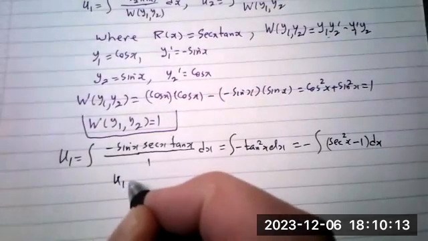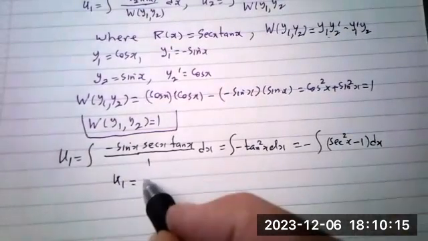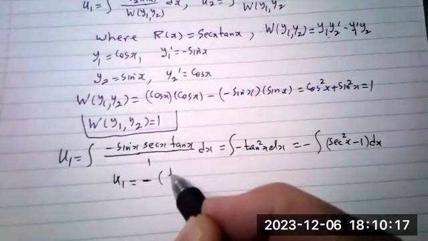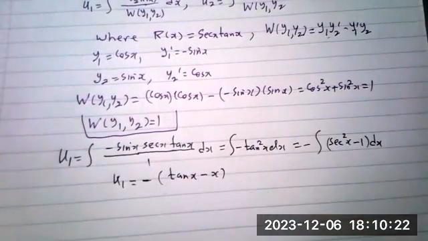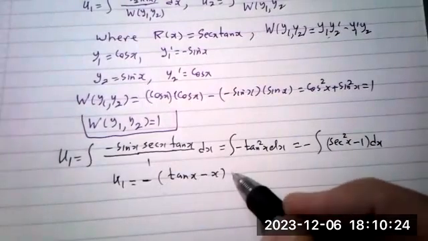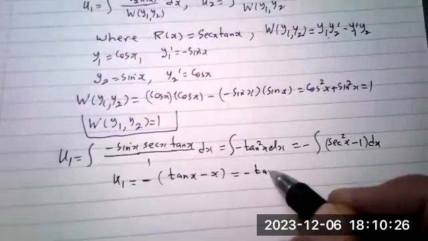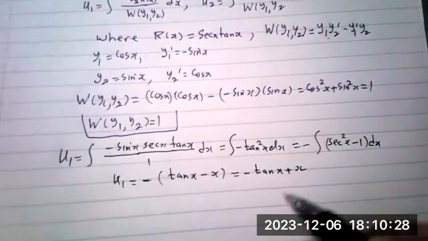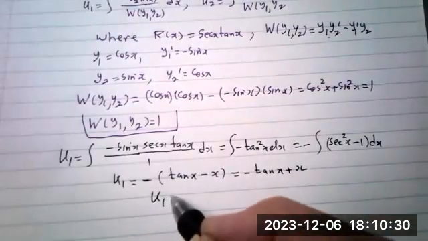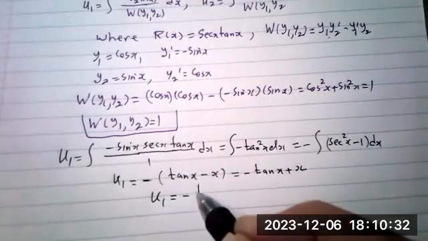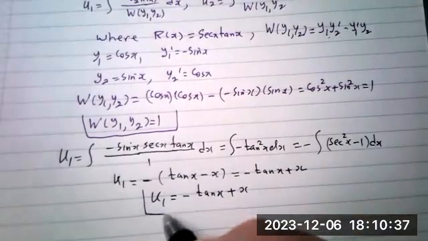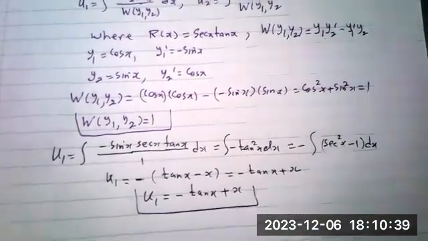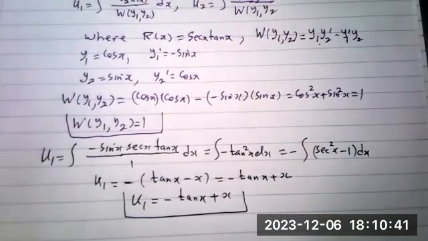So u1 is going to be minus tangent of x, minus, no, plus x. No constant c, because this is a particular solution. So u1 is negative tan x plus x. That is u1. Any question?